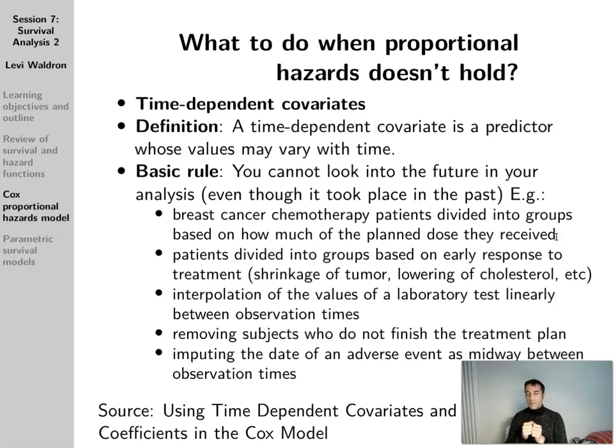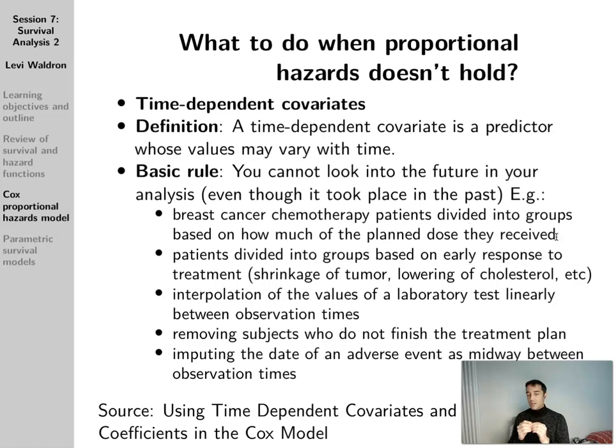So if one patient received their full dose and another one only received half of it before they were taken off, you don't know that at the outset of the study, so you can't use it to split patients into groups. You can only use things that you know at the beginning of the study, right? And that turns out to cause severe bias in your estimate.